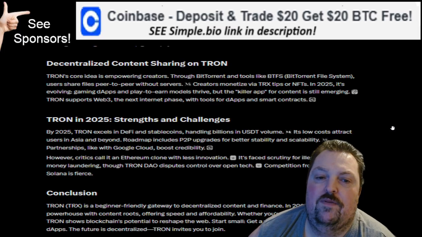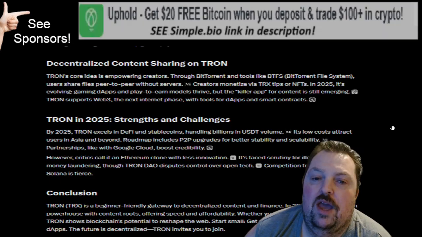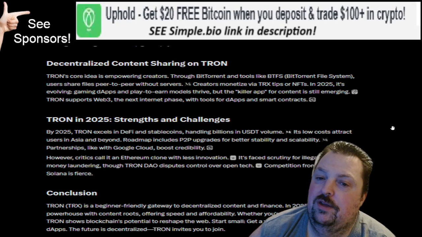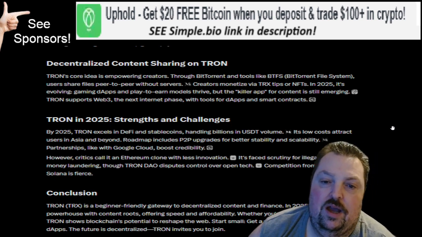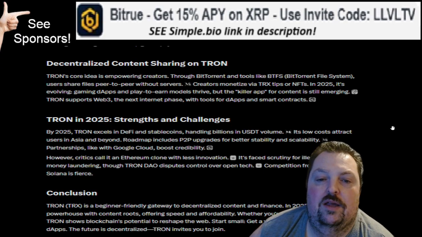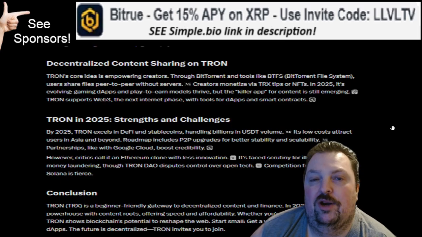In 2025, it's evolving. Gaming apps, dApps, and play-to-earn models thrive, but the killer app for content is still emerging. TRON supports Web3, the next internet phase, with tools for dApps and smart contracts.